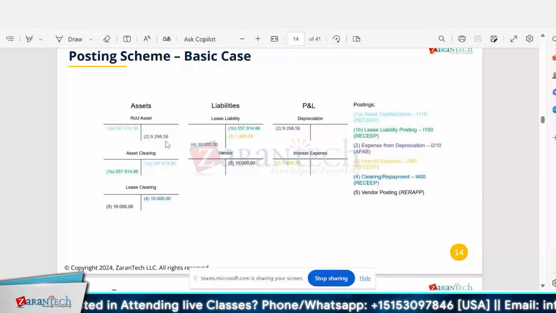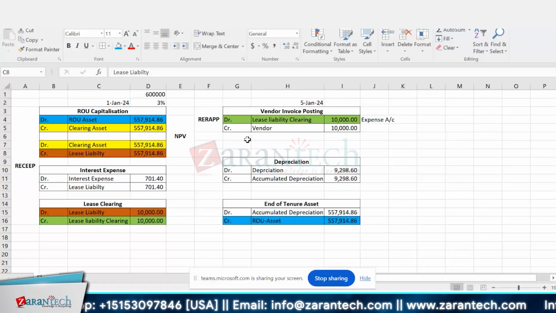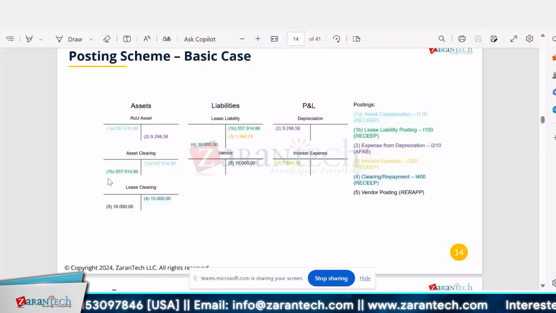ROU asset. Then on liabilities, first it will be credit, that is nothing but this entry. Then on a monthly basis, interest amount will be added up.